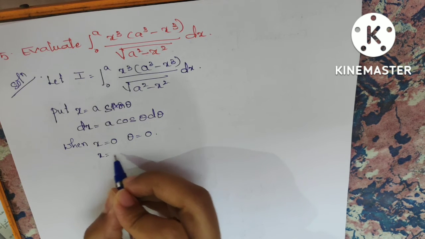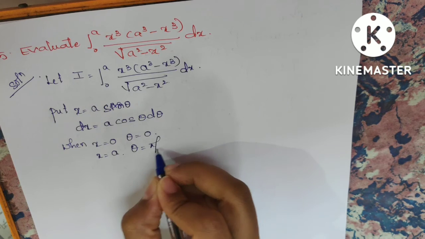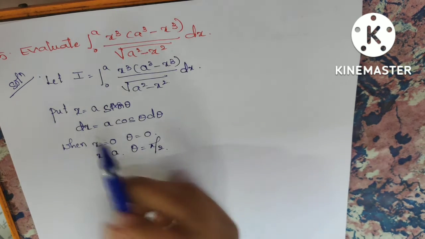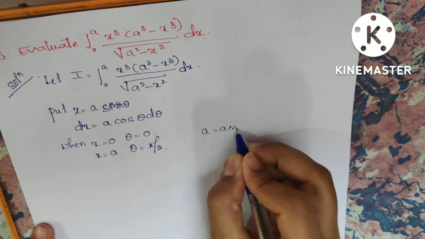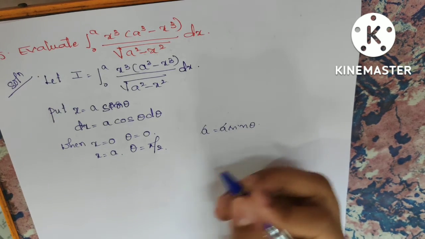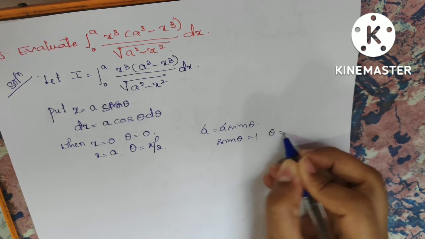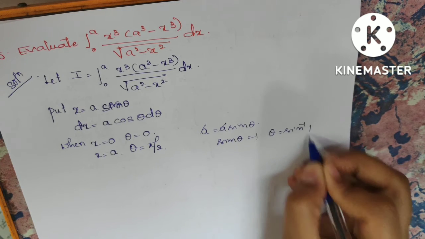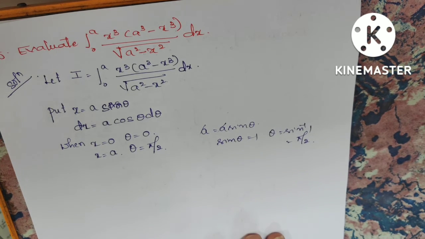When x is a, then theta equals pi/2. Just put x equals a here: a equals a into sin theta. A will get cancelled. Then sin theta equals 1, theta equals sin inverse of 1. Sin inverse of 1 is pi/2.